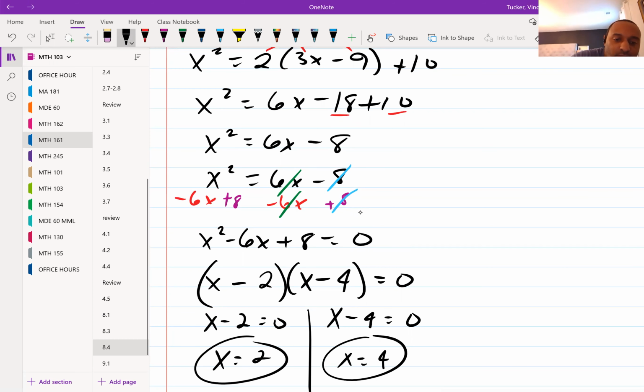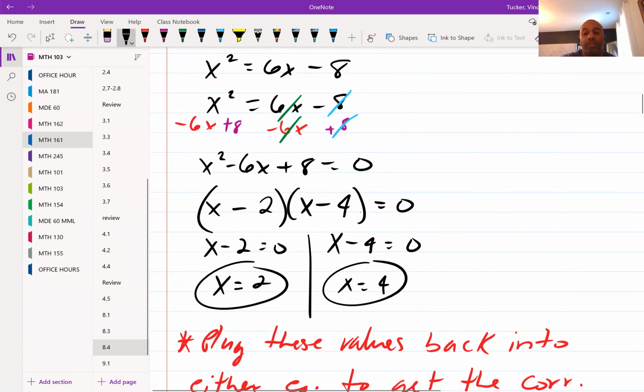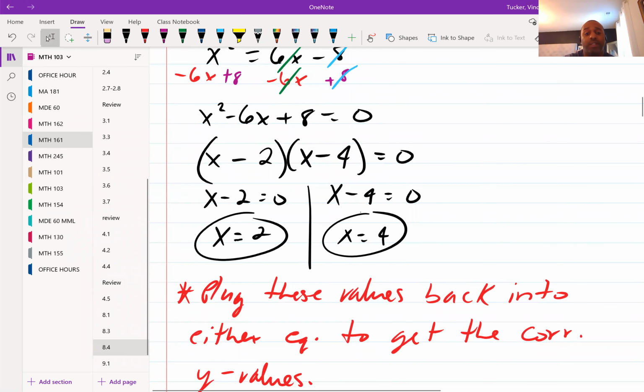Once we do that, you go ahead and plug those values back into either one of those equations to get the corresponding y value. Remember, these are ordered pairs. We found our x's, and now we need the corresponding y values that match with those x's.